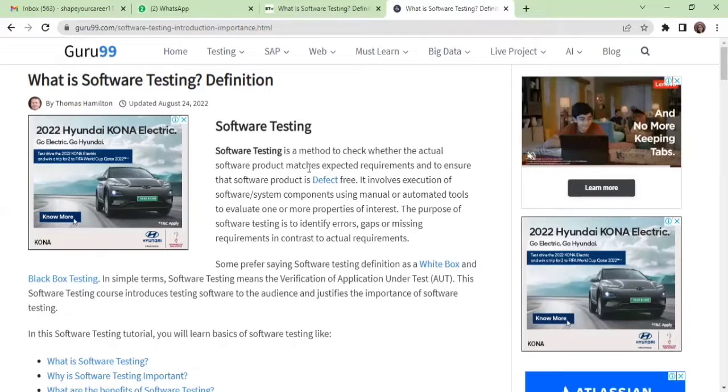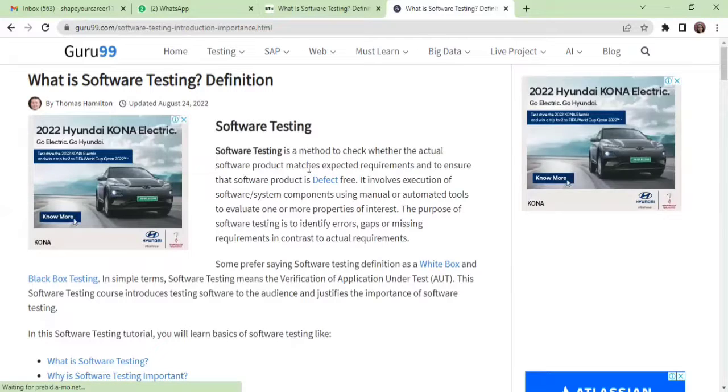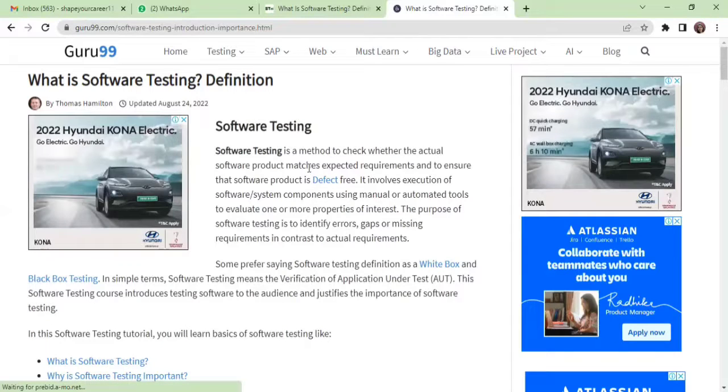Now whenever you are preparing for a software testing interview, when you're getting into this particular field, you have to use similar terms and that particular glossary, so that you match up to the software tester's level. You understand, right?